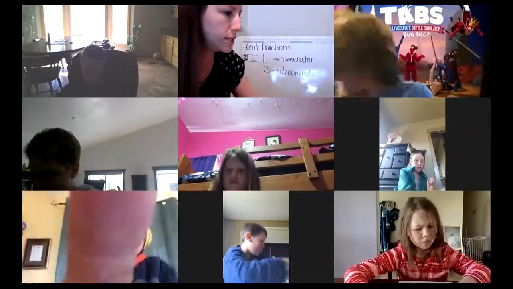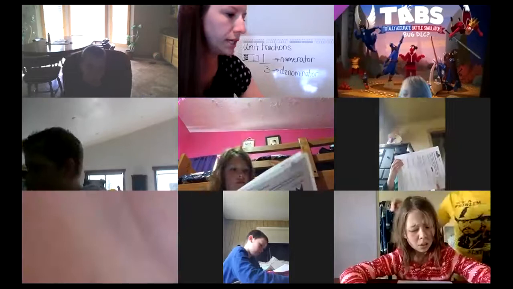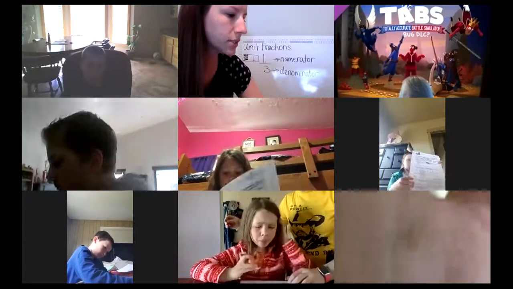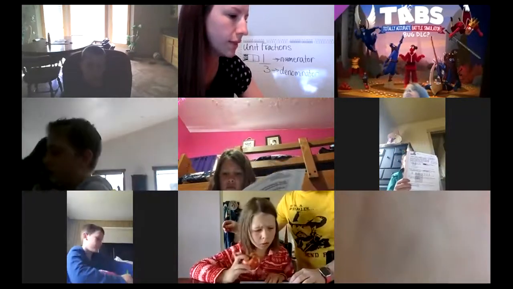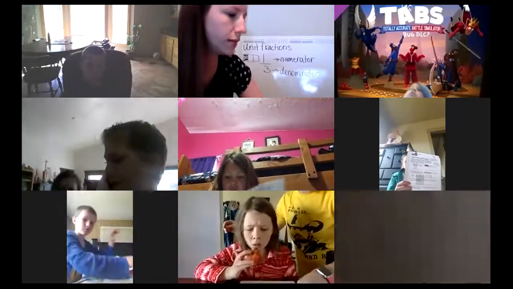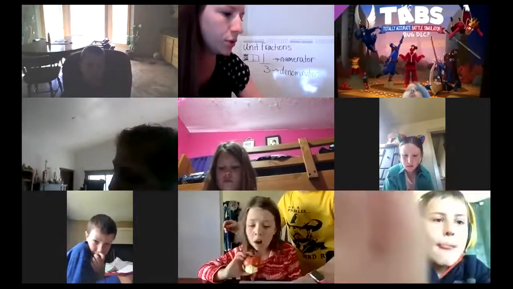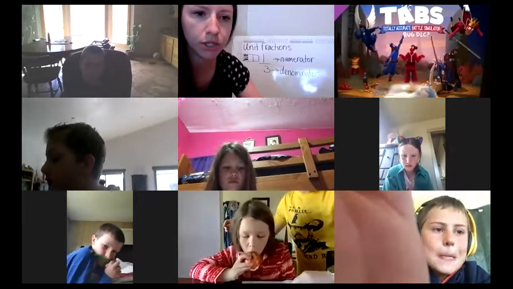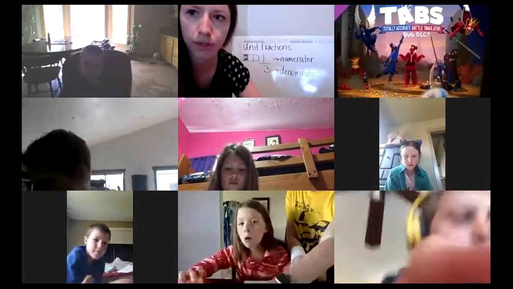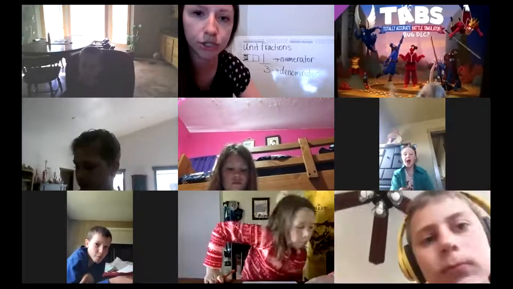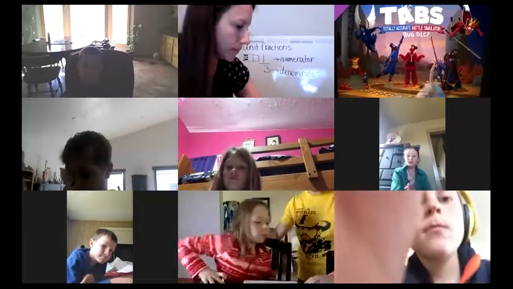So it is saying write the unit fraction for each whole. Next, shade the correct number of parts. Then show each shaded fraction as a sum of unit fractions. So remember, a unit fraction is any fraction that has 1 in the numerator.